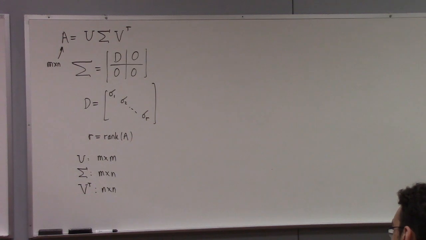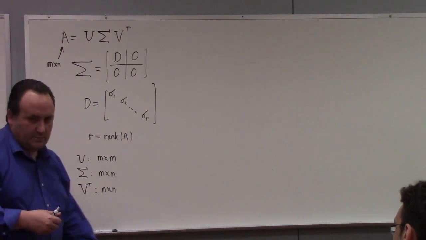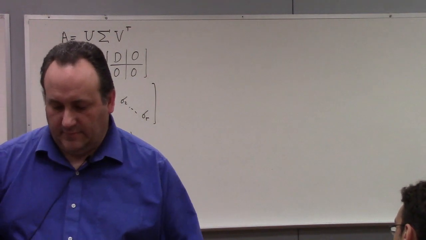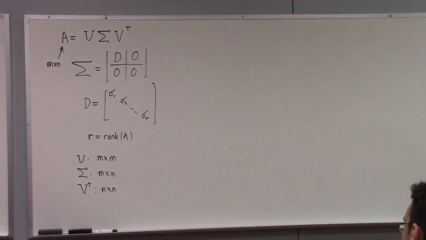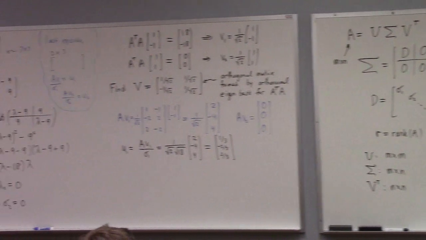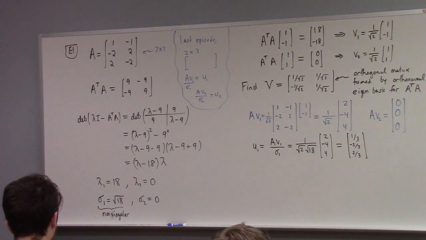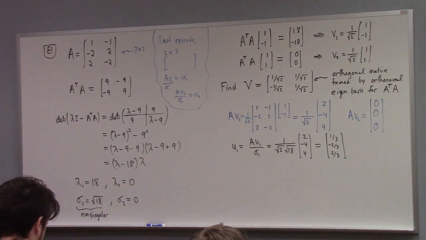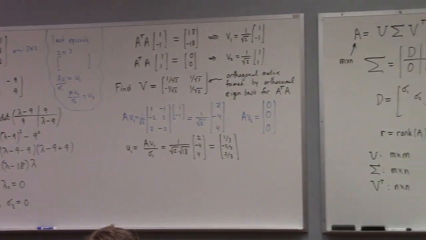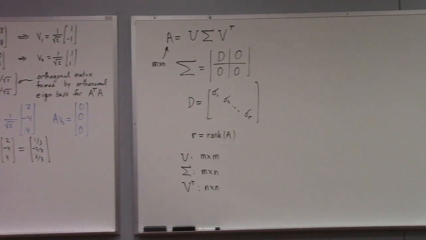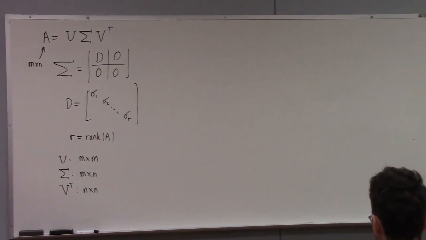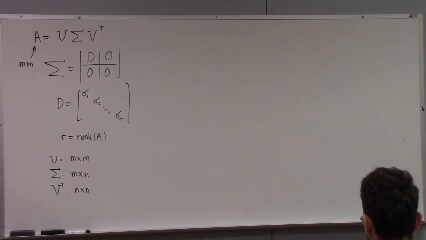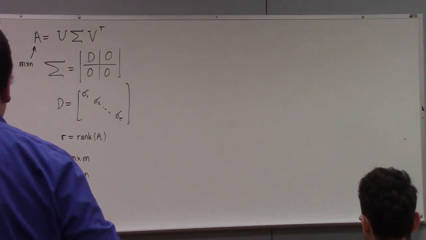All right, so how do we find the rest of U? Remember, I mentioned to you guys that the singular value decomposition is not unique, right? And I think a good part of the non-uniqueness comes from what we're about to do right here.